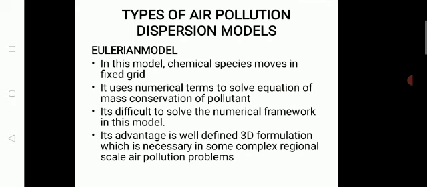The next type is the Eulerian model. In this model, chemical species move in a fixed grid. It uses numerical terms to solve the equation of mass conservation of pollutants. It is difficult to solve the numerical framework in this model.